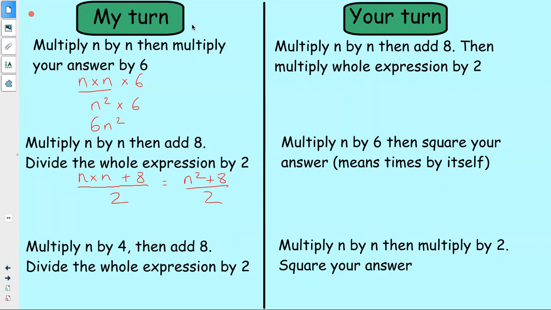Next part, multiply n by 4. So I'm just going to go straight to 4n. Then add 8, add on 8, and divide the whole expression by 2. That's very important. The whole expression has been divided by 2, so you've got a much longer line there when you're making your fraction.